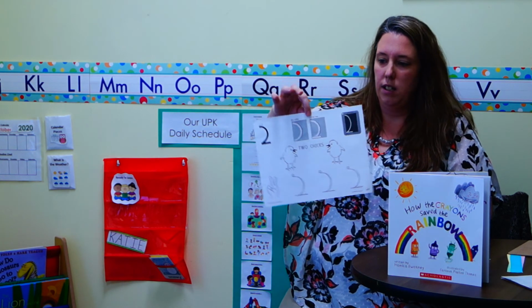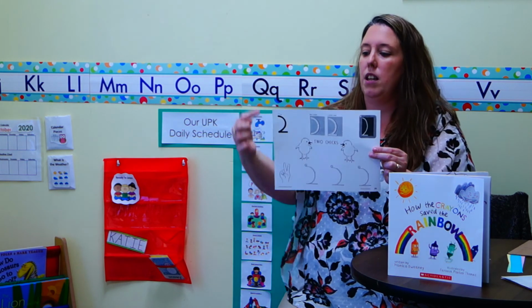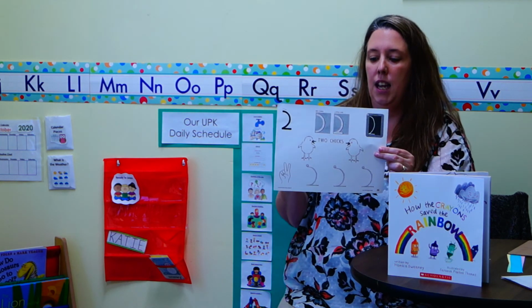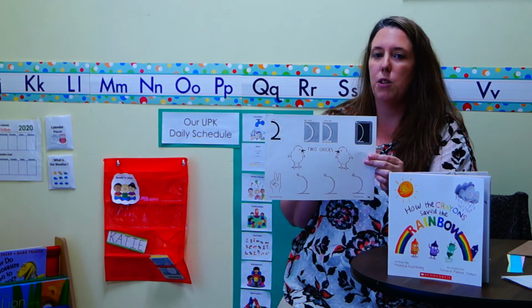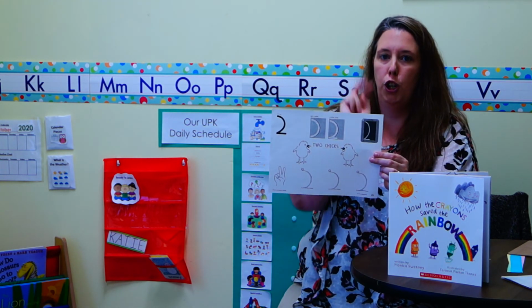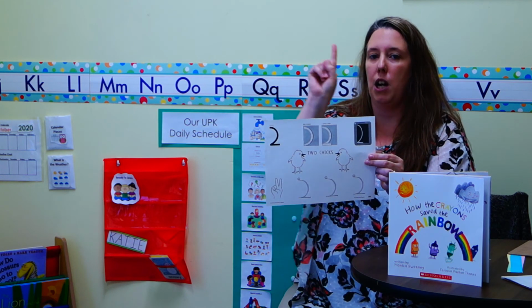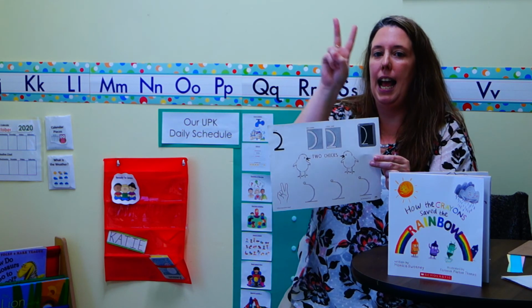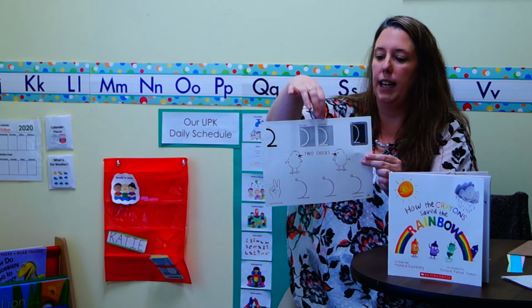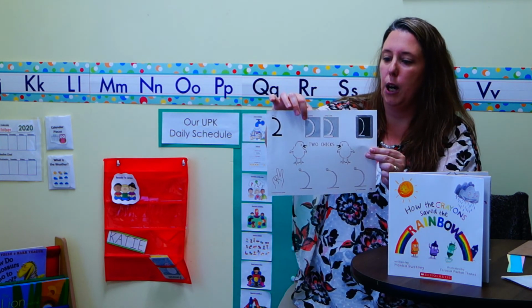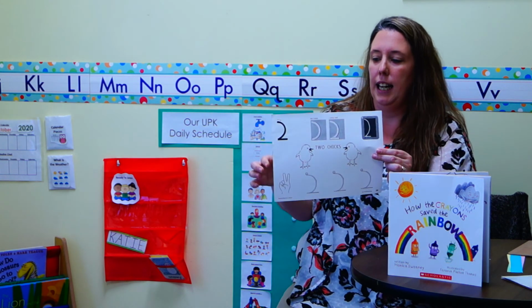We did one that looks like this last week with the number 1. That's right, it's more math, my friends. This week we'll work on the number 2. So we worked on 1 and now 2. This is how we write our number 2. You can see our big curve and our little line.